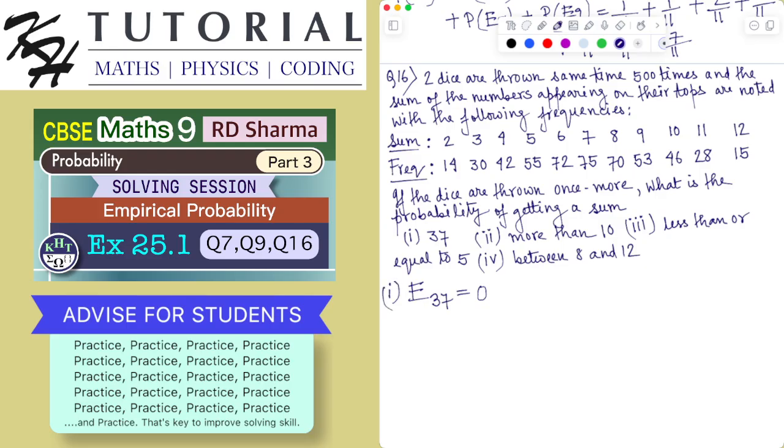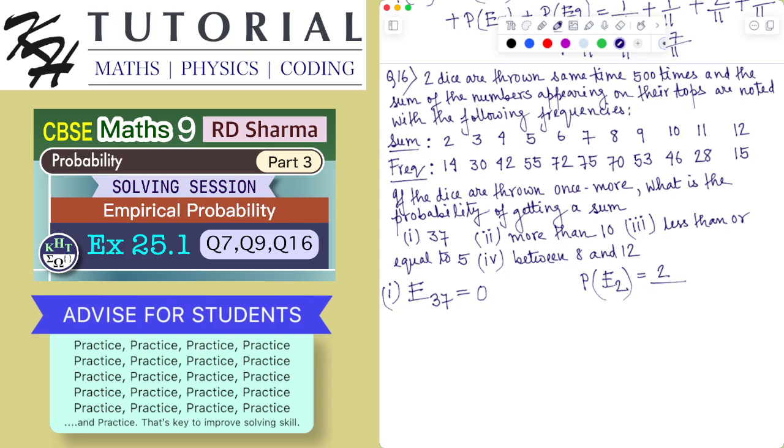By the way, first of all you must understand what E2 is and what the probability of E2 will be. E2 is the event that the sum of the numbers appearing on the top of two dice is 2. This is based on the empirical formula and the given data.